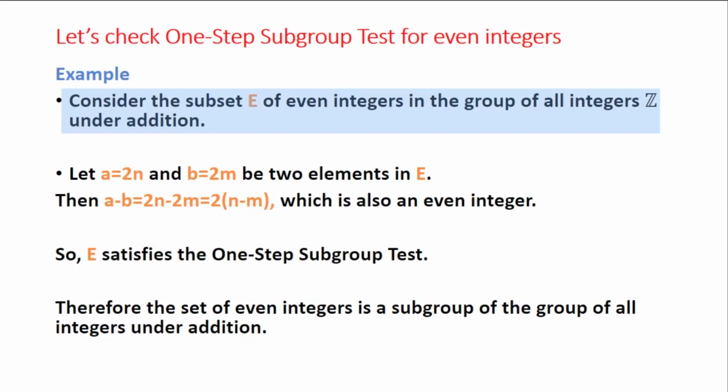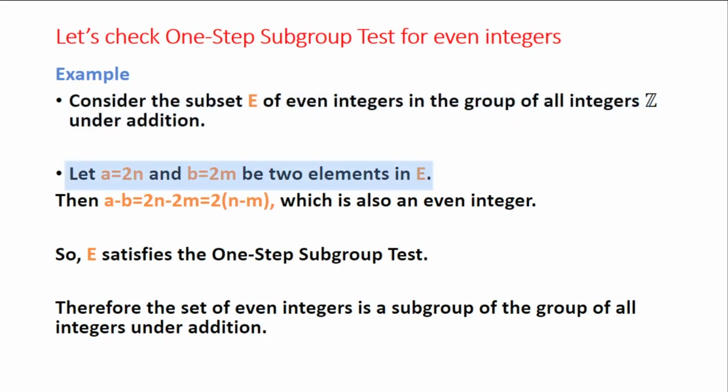Let's check the one-step subgroup test for even integers. For example, consider the subset E of even integers in the group of all integers Z under addition.